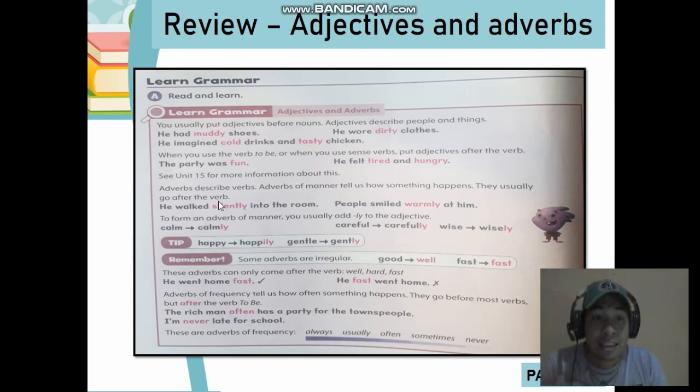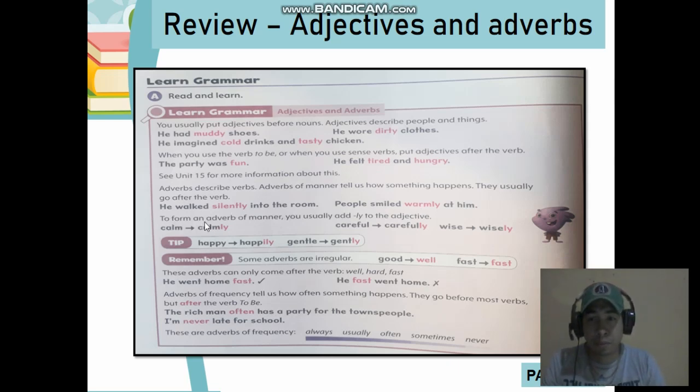Silently, yes, in silence. People smiled warmly at him. Smiled warmly. How did they smile? Warmly. So the way they smiled is warmly. Now, these are two examples of how adverbs work. They explain how something happens, okay?